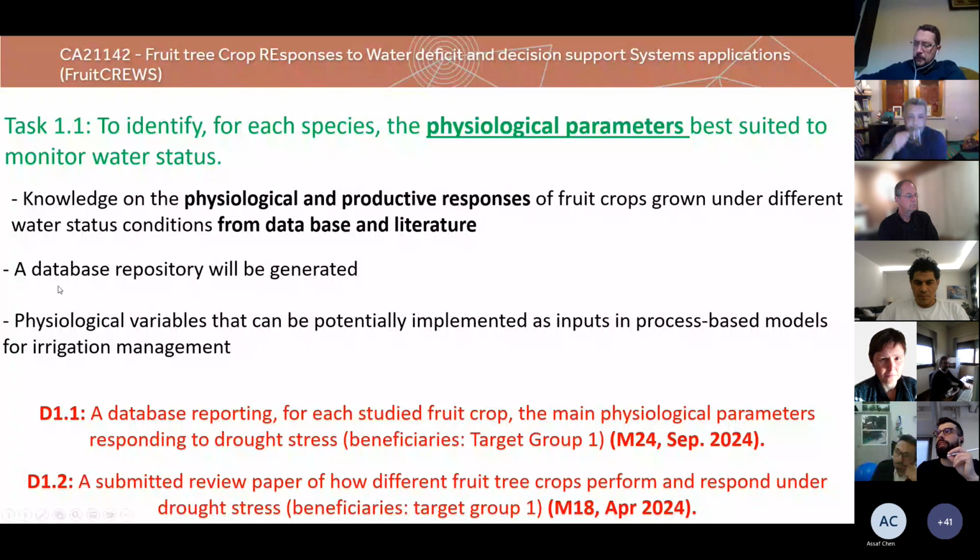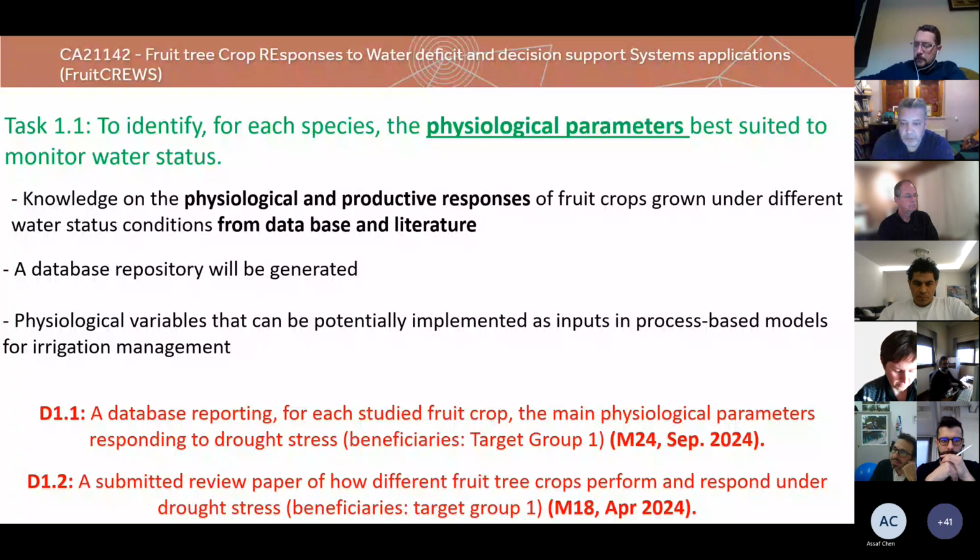So the idea was to build up a common database, selecting which are the physiological variables that can potentially be implemented, so potentially measured with some sensors.